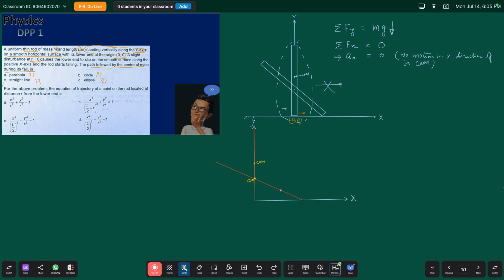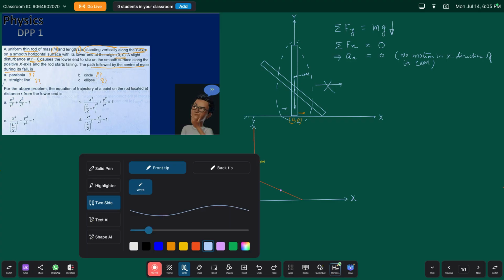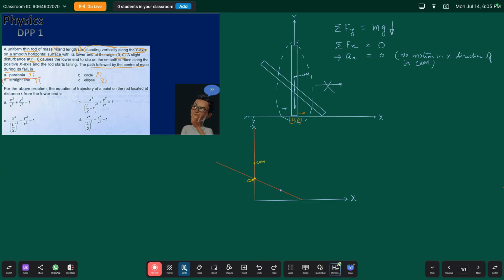So we can conclude that the center of mass will be falling straight downwards along the negative of the y-axis. So option C will be correct. So one of the answers we got is option C.